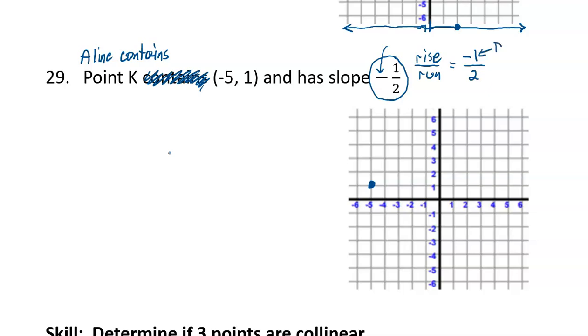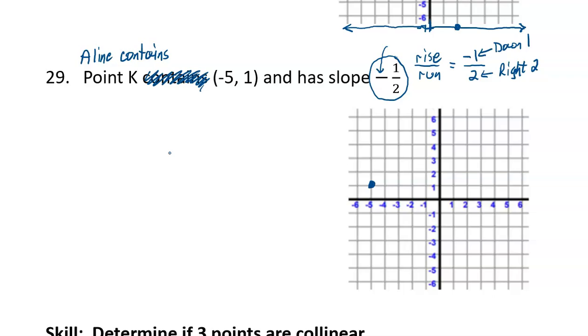This means we're going to go down 1 square and right 2 squares. There's only one negative sign. So if we're using the negative sign to mean go down, we can't also use the negative sign to mean go left, right?